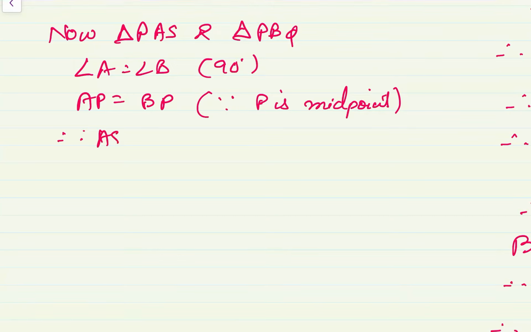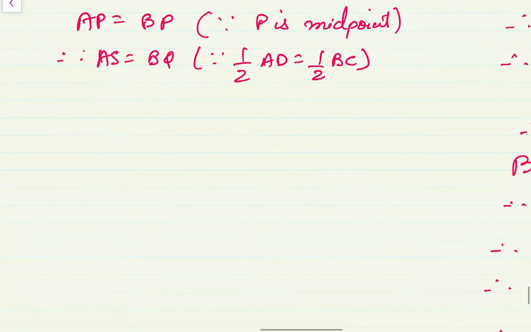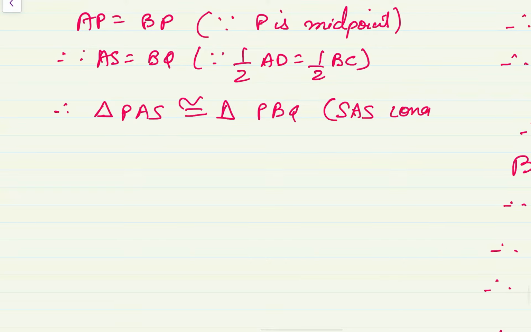Therefore, AS is equal to BQ because half AD is equal to half BC. Therefore, triangle PAS is congruent to triangle PBQ by SAS congruency. Therefore, PS is equal to PQ by CPCT.